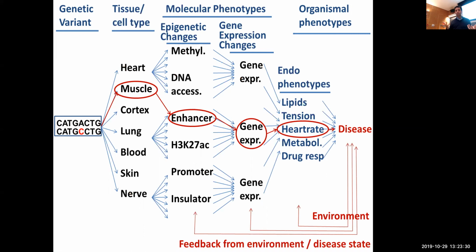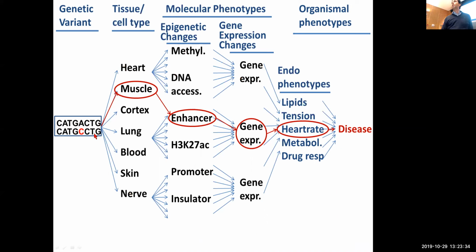So the challenge, of course, is that any arrow coming out of genetics, especially for common variants, is usually unidirectional, because my behavior or my socioeconomic status or my smoking or my environmental exposures are not going to affect my common inherited genetic variants. And therefore, I can draw a unidirectional arrow coming out of genetics.